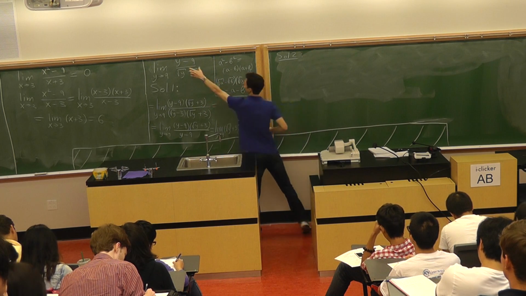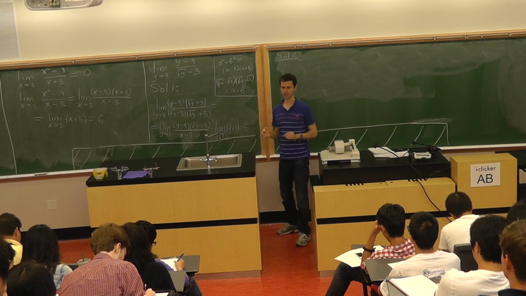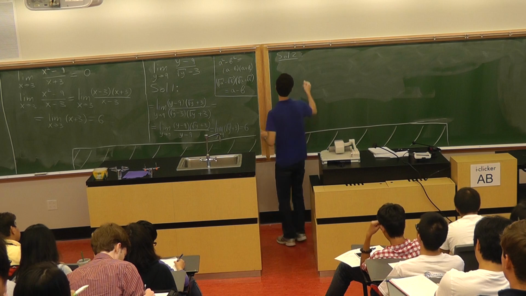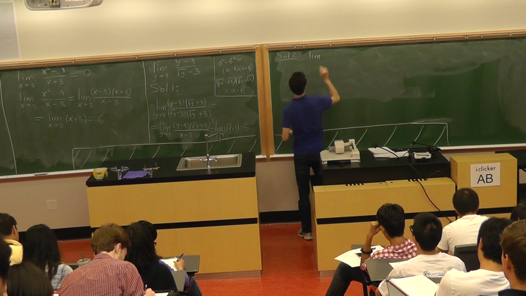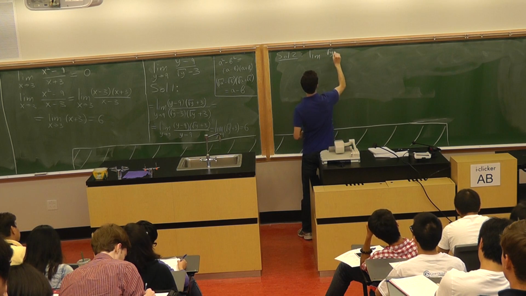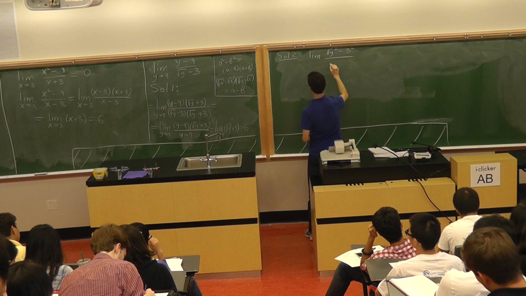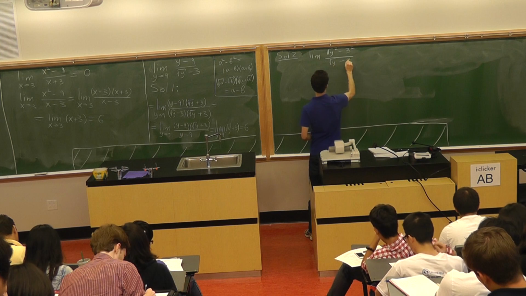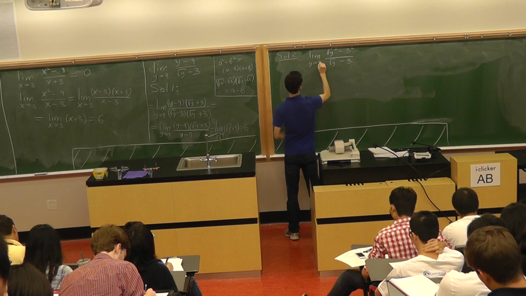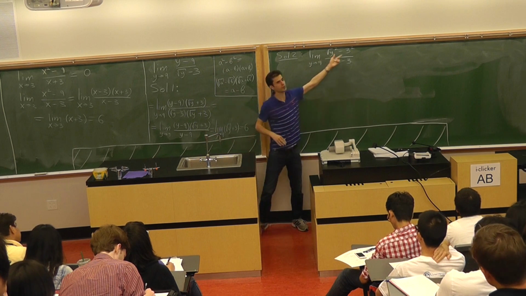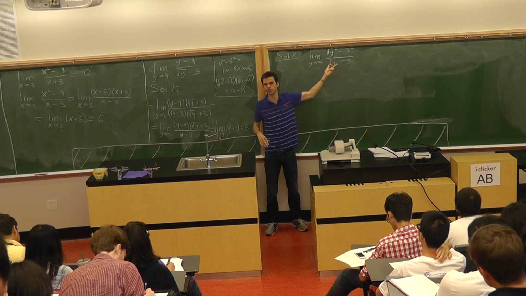Let's factor this numerator. It looks kind of crazy. How do you factor y minus 9? Well, let me write it as square root of y squared minus 3 squared. It is still y minus 9, but now it's obvious how to factor.